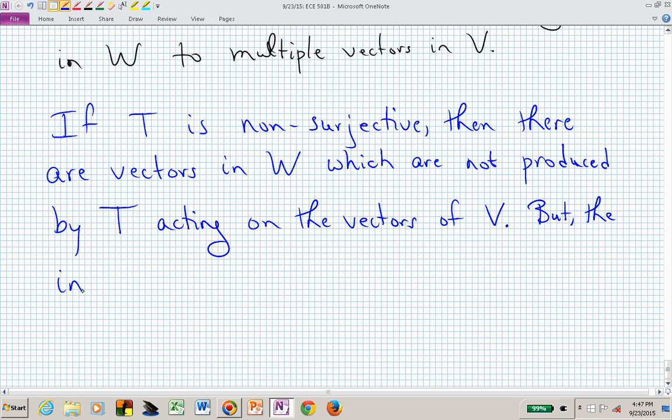But the inverse map, S, that takes us from W to V, what's it going to do with those vectors in W that we haven't covered or haven't reached? It doesn't know what to do. It would have to ignore those. How's it know to do that? It doesn't.